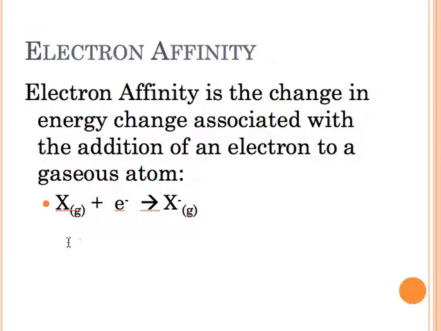So it's how much energy is released if an element in its gas state receives an electron. And again, since electrons are attracted to a nucleus, giving an electron to any atom like this is going to be an exothermic reaction. So pulling them off is endothermic, giving them back is exothermic.